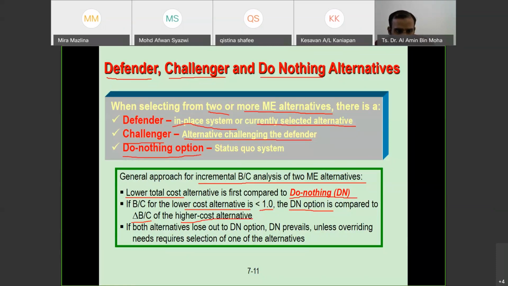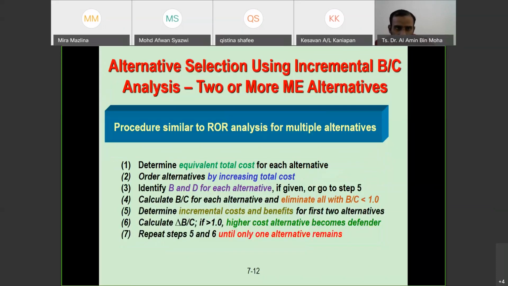If both alternatives lose out to the do nothing option, then we just select do nothing, no need to do anything, unless overriding, then we need to choose the alternative that got more than one. So this is the alternative selection guideline. It's basically similar to ROR, but since you haven't yet been introduced to ROR, it's okay, just go through. Actually, you're going to have the same procedure.